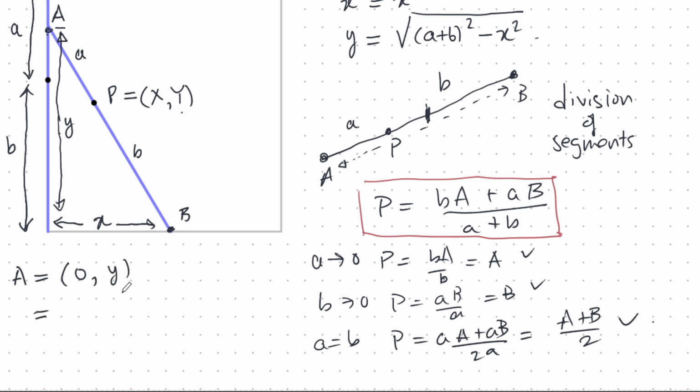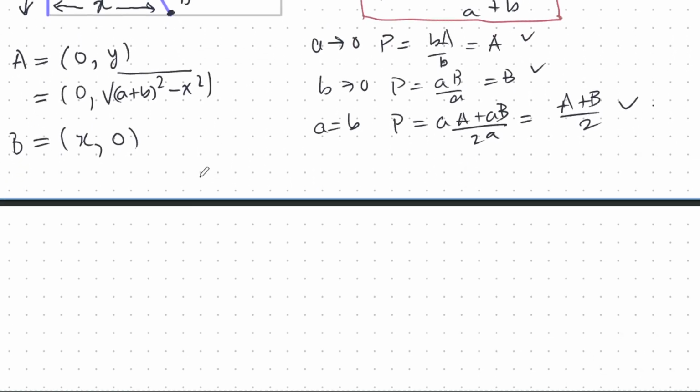But we have solved for y here. So this is (0, square root of (a plus b) all squared minus x squared). And now B is much simpler. It's constrained to move on the x-axis only, so that's (x, 0). Very good. So we're almost ready to plug stuff in.